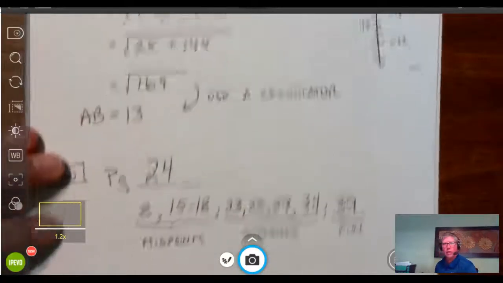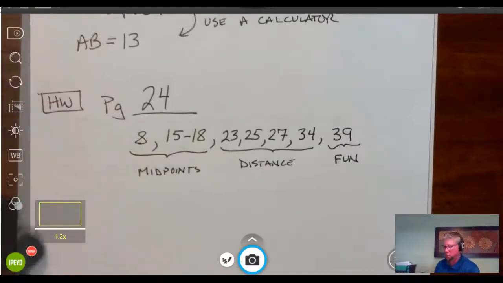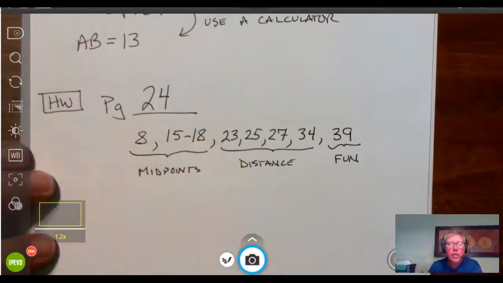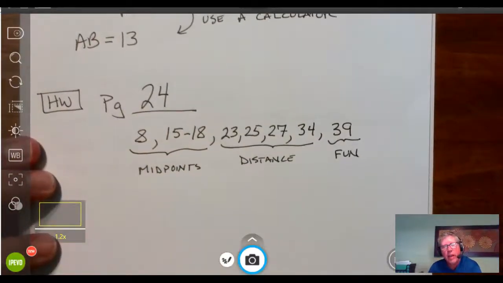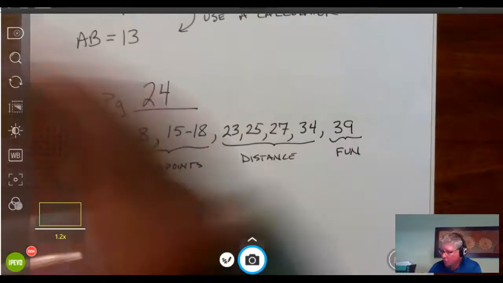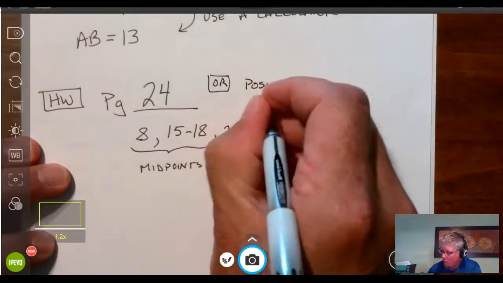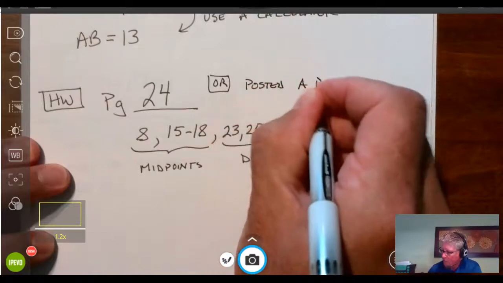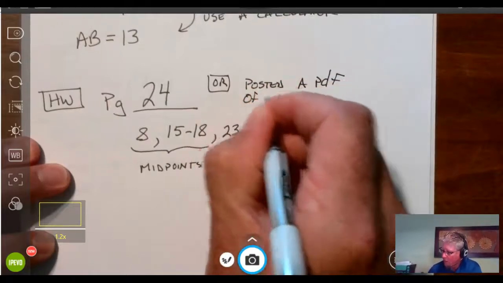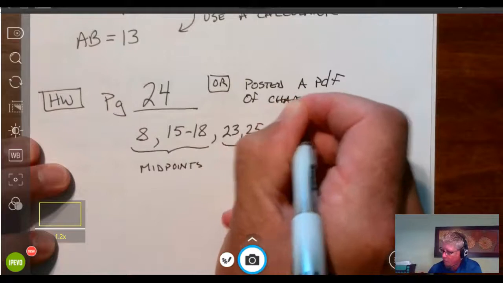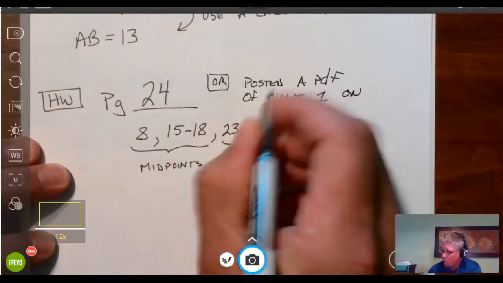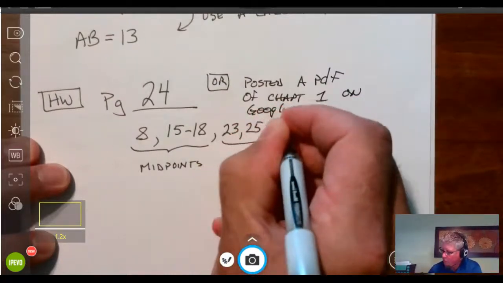All right. Ladies and gentlemen, there is your homework. It is page 24 of your book. The book can be found on the online geometry, or I have posted a PDF of chapter 1 on Google Classroom.